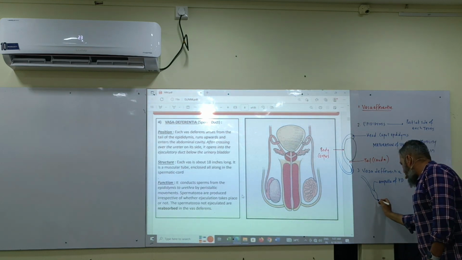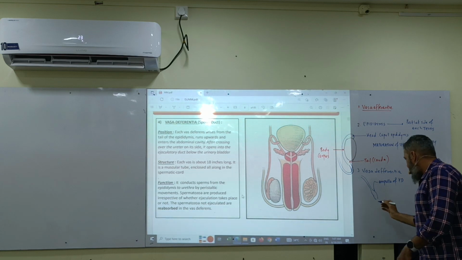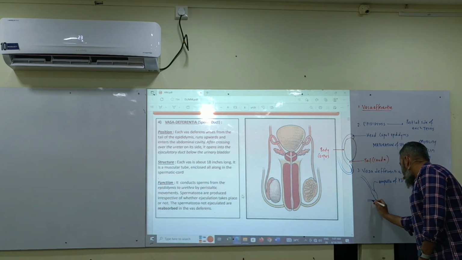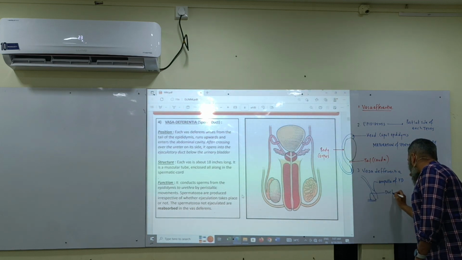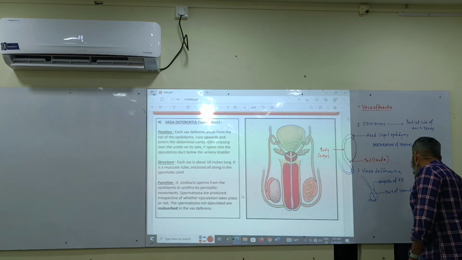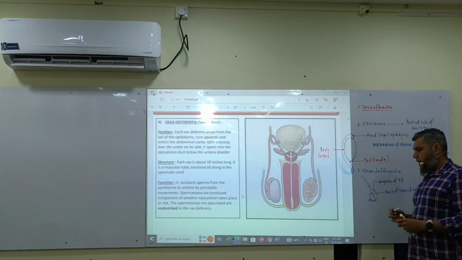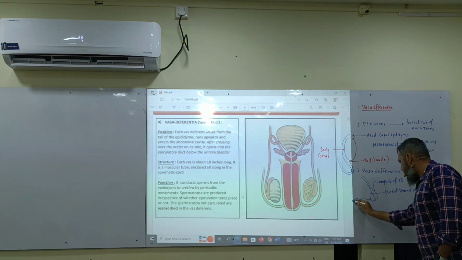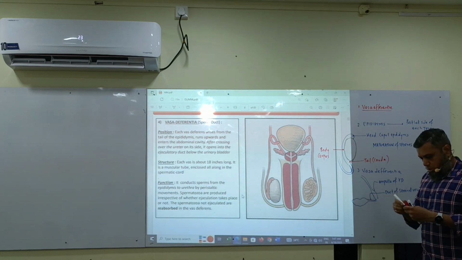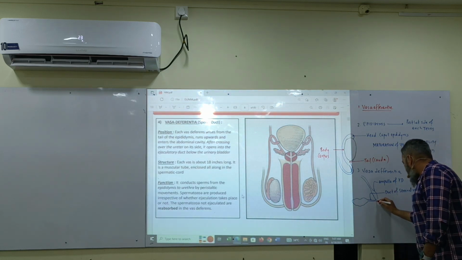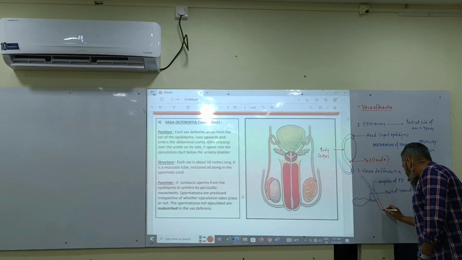And this ampulla will join with the duct of the seminal vesicle. As it joins with the duct of the seminal vesicle, it changes into a new duct, and that will be called the ejaculatory duct.